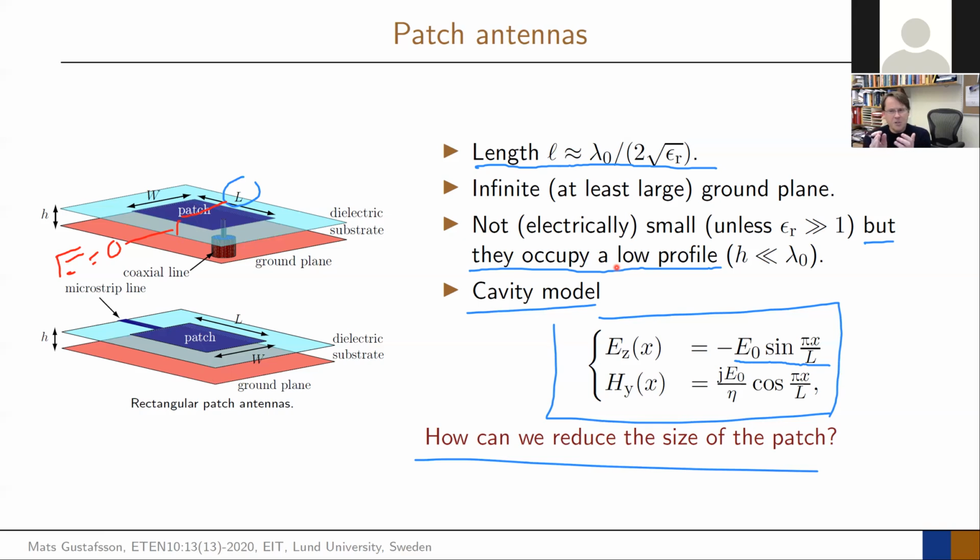But can you do something else if your electric field is 0 at the center? If the field is 0, what happens if you put another object in there? So if the electric field is 0, if you put in a metal, the requirement is that the tangential component of the electric field has to be 0 on the metal.